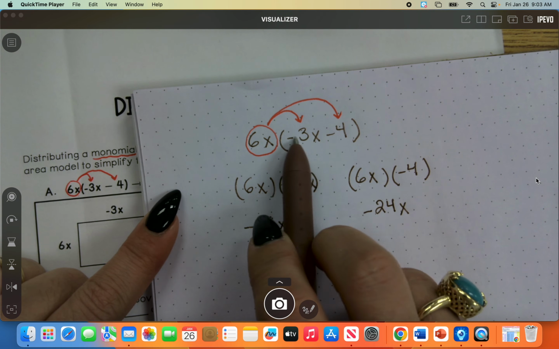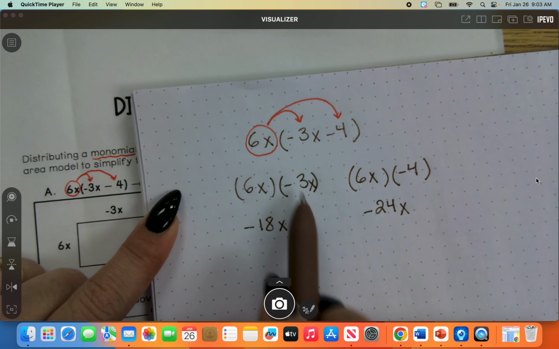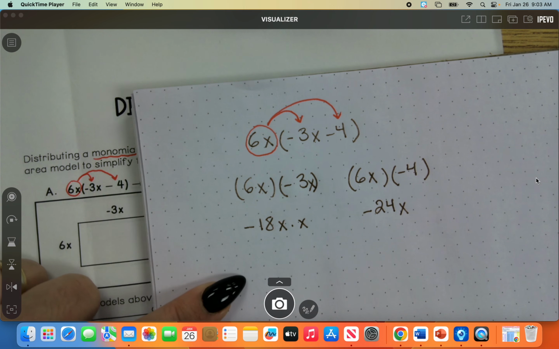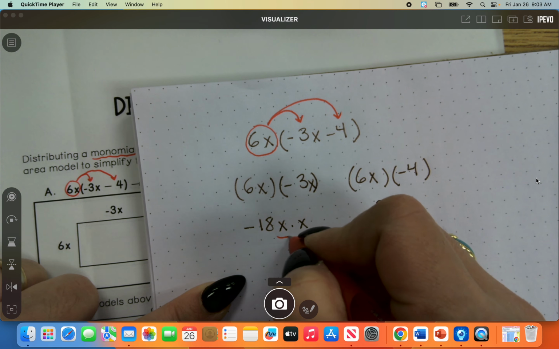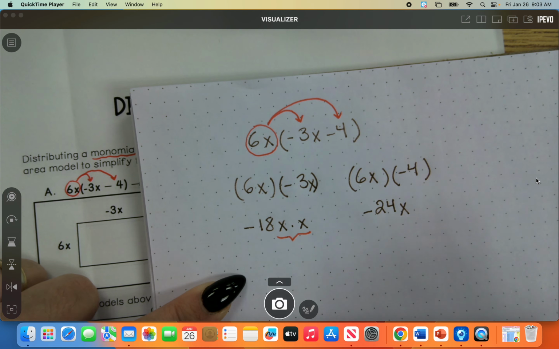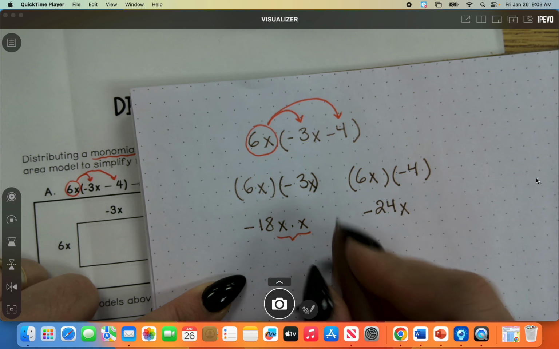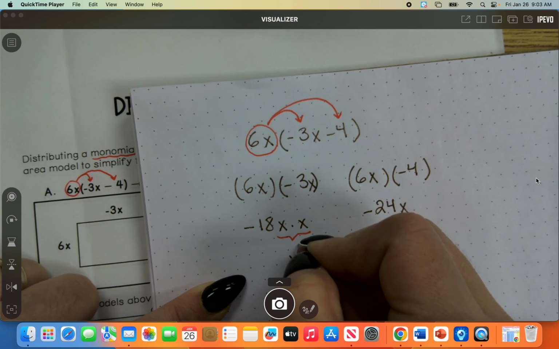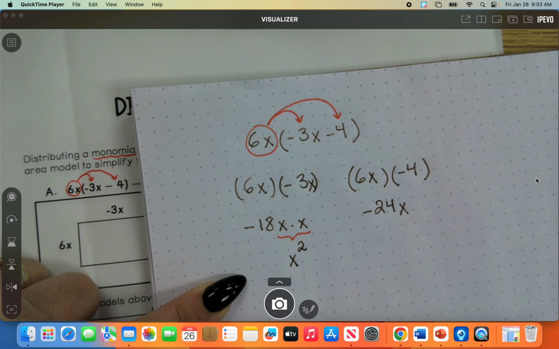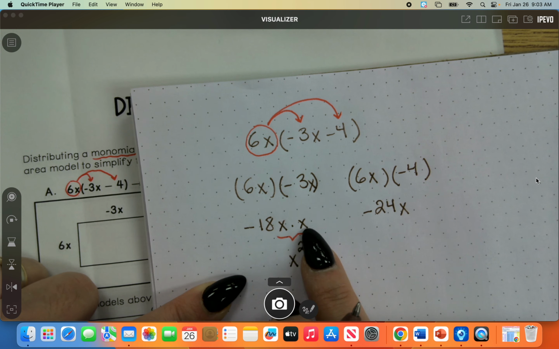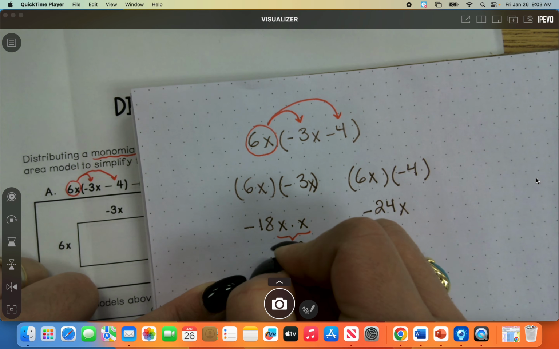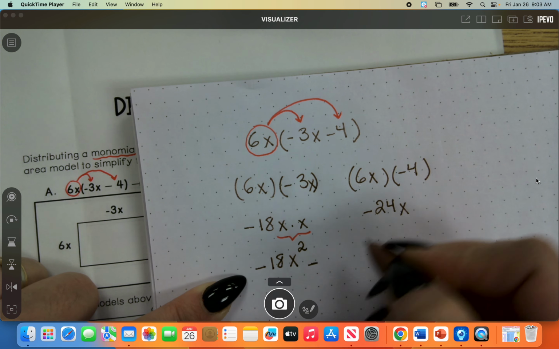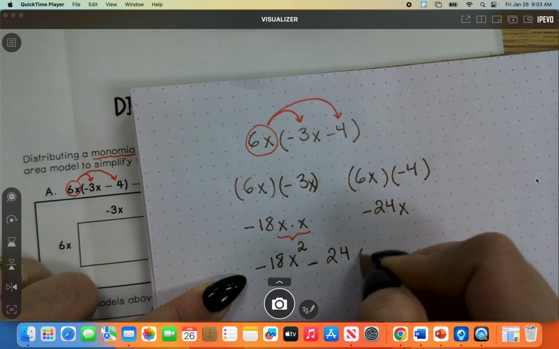Then they have subtraction or addition in between, so we just have to add these two. But here, usually if we have x times x, we can put it as x to the power of 2, because we know x to the power of 2 means 2 x's multiplied by each other. So that would be negative 18x to the 2 minus 24x.